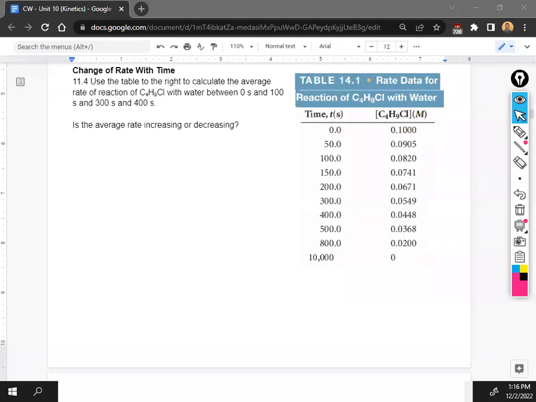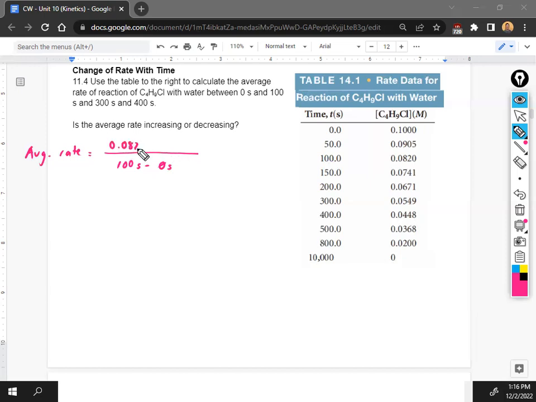Okay, so if we take a look at 11.4, we want to find the average rate of the reaction between 0 seconds and 100 seconds. We're just going to use the formula that we used earlier. So I'll write average rate. We want to go from final minus initial, so we're going to use the time 100 seconds minus 0 seconds, which is obviously 100, but we'll write it for clarity's sake. What is the molarity at 100 seconds?